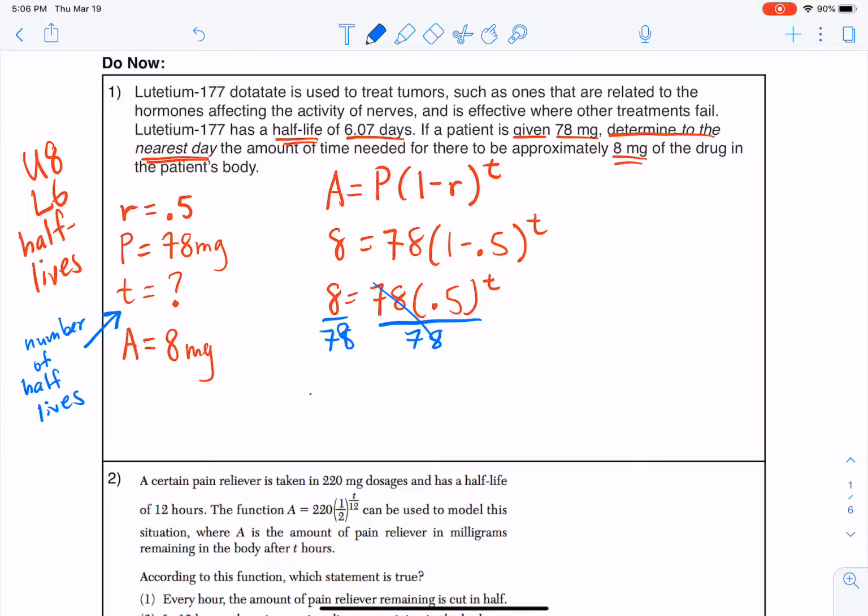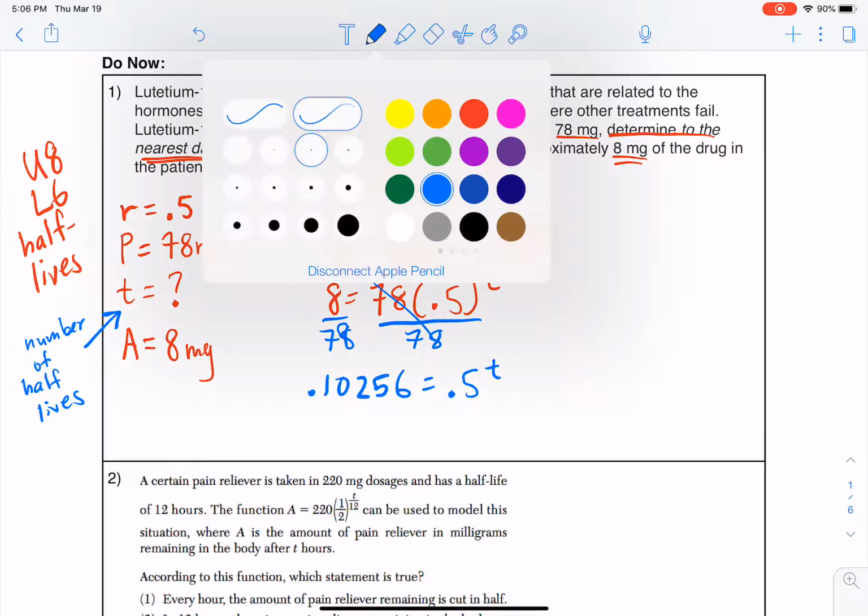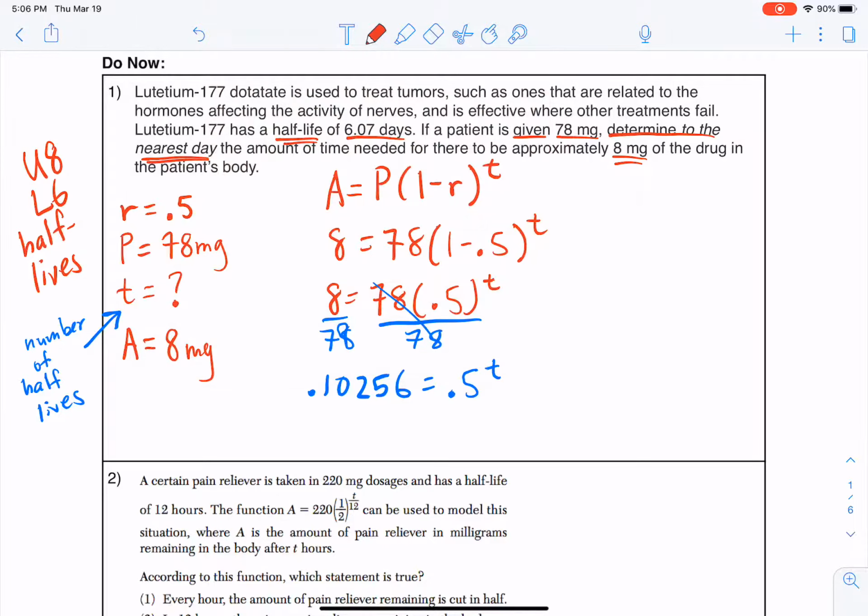I should get 0.10256. And that's equal to 0.5 to the T. Anytime I'm solving an exponential equation for its variable, and the variable is in the exponent, I need to use log to do that.